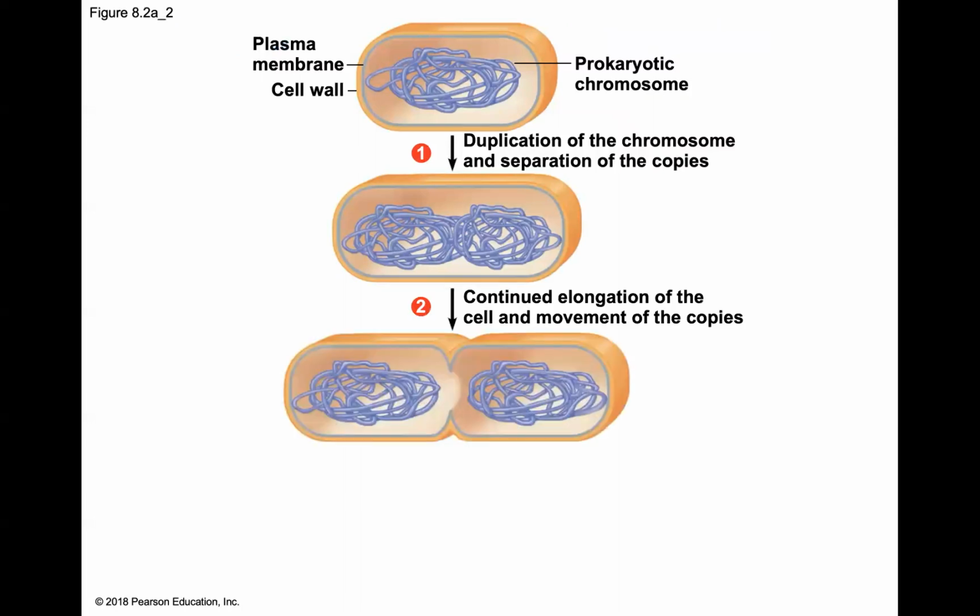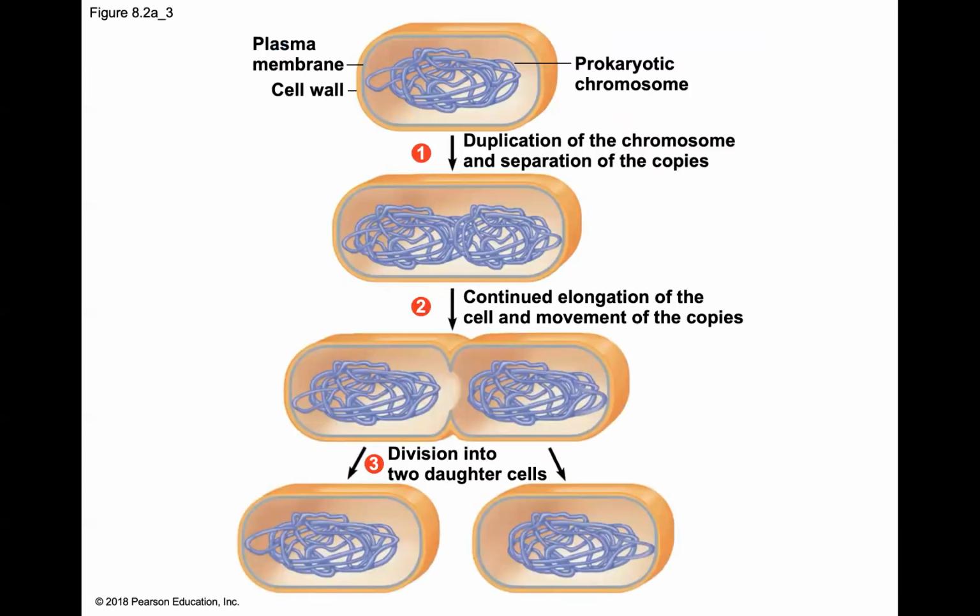So let's look at this diagram of what's happening during binary fission, right? So we have this prokaryotic cell. You can think about like a bacterium, right? It has a single chromosome that essentially has to be duplicated. Okay, and once that chromosome is duplicated, there's going to be a separation of the two new chromosomes that exist.